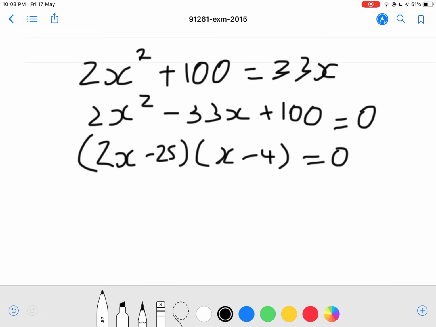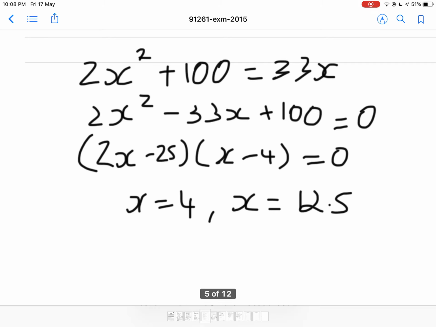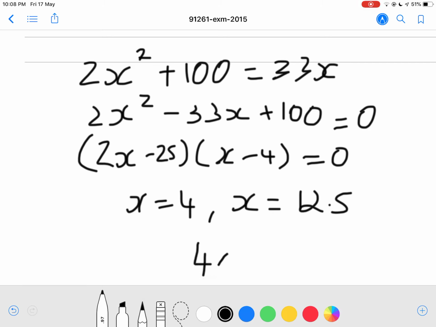So x equals 4, and x equals 12.5, okay? So, therefore, you can say that the dimensions of the garden are 4 times 12.5. Those are the dimensions of the garden.